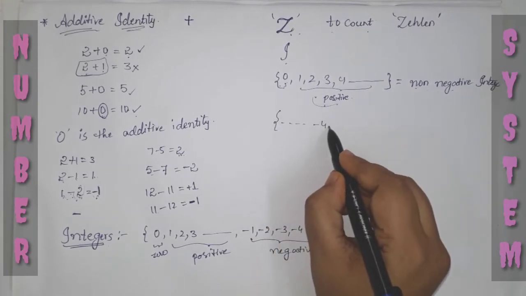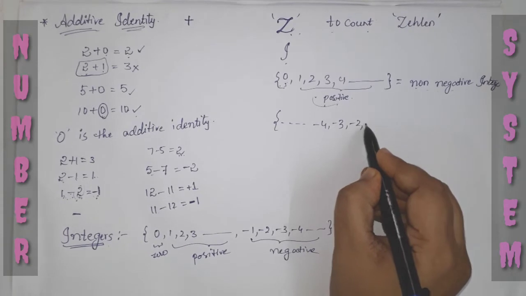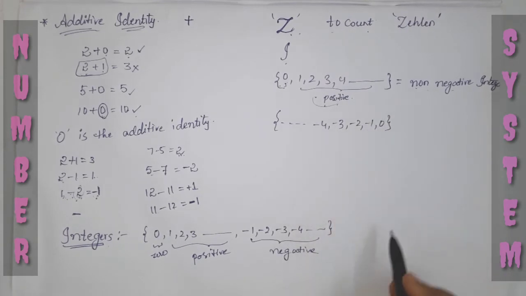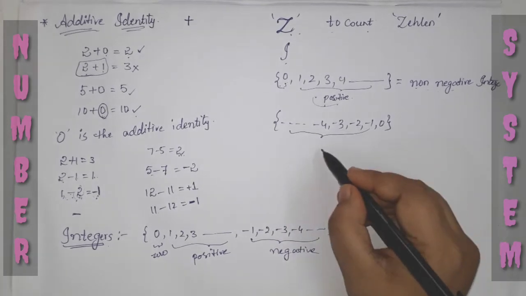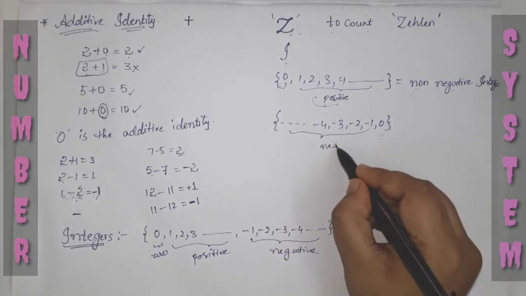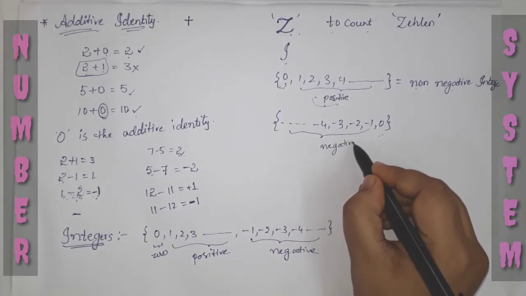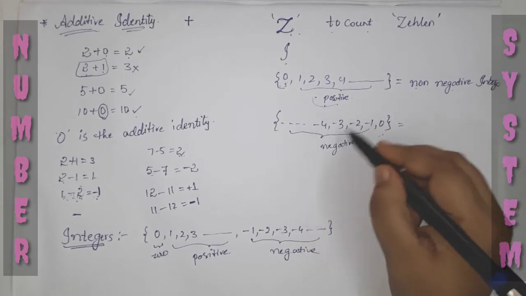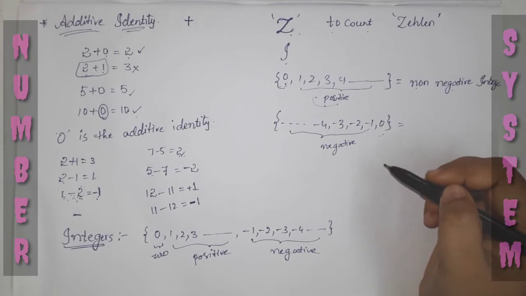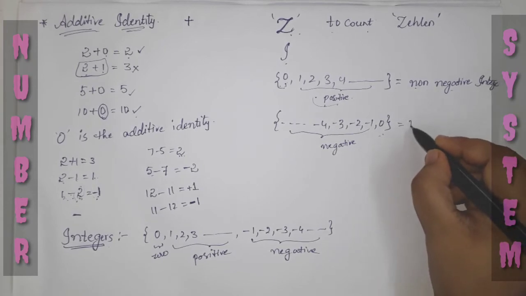Next, suppose I take -4, -3, -2, -1 and 0 and so on. Which type of numbers are these? Negative numbers. This is 0, which is neither positive nor negative. Do I have any positive number? No. So what can we say?